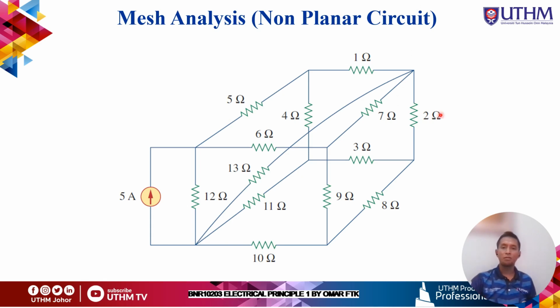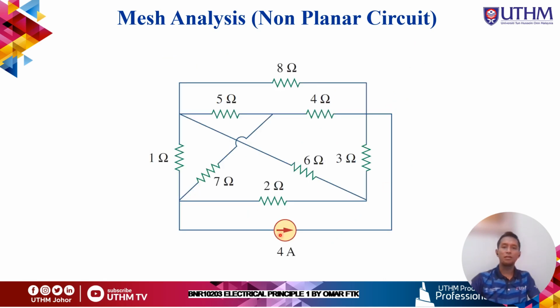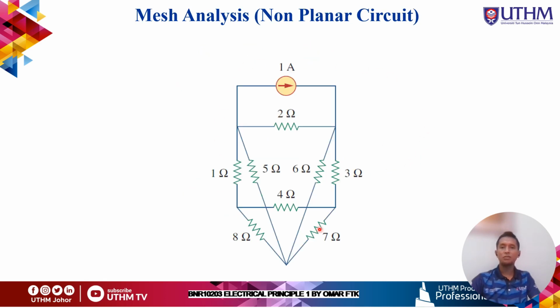Okay, this is another example. We have a circuit that is also non-planar because it's crossing, so this one will not be able to be used in mesh analysis. We have a crossing branch here, and also this one.